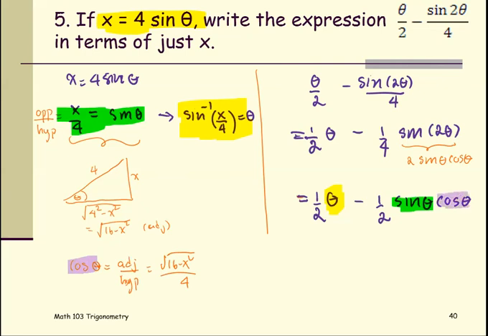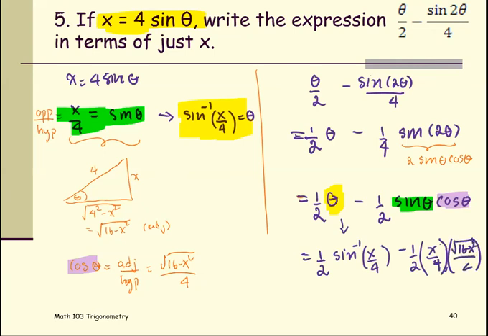Next, we're going to replace each one with the terms involving x. 1/2, an angle theta is the inverse sine of x over 4. Minus 1/2, the sine function is x over 4. The cosine function is the square root of 16 minus x squared divided by 4. Simplify one more time.